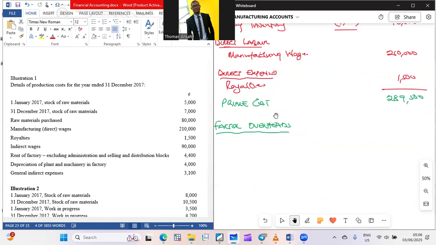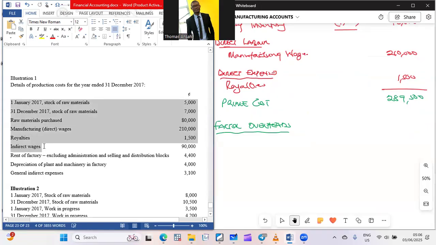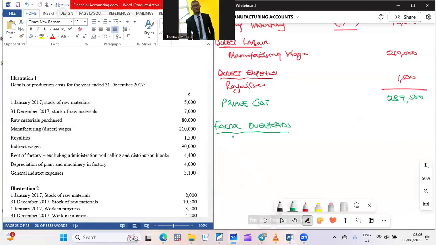So what do we have for the overhead? Let's look at it. We have indirect wages. That's for the labor, right? And how much is that? 90,000. We have rent of factory, excluding that of the selling and administrative block.